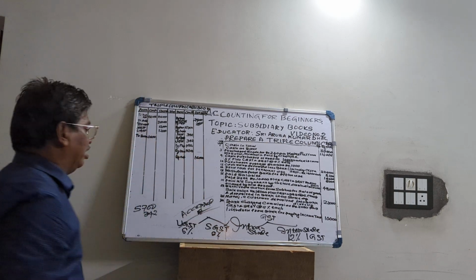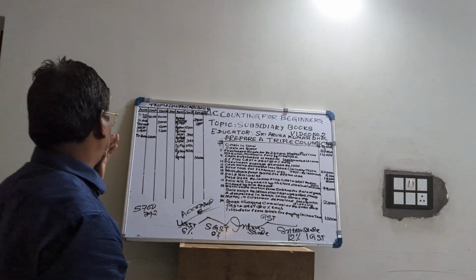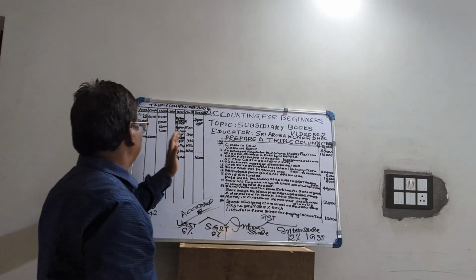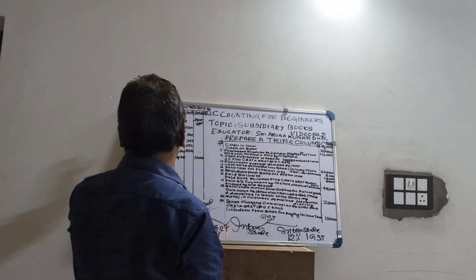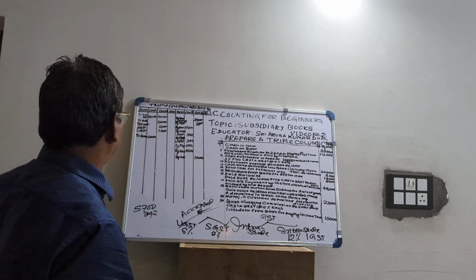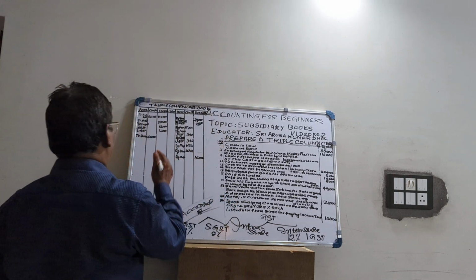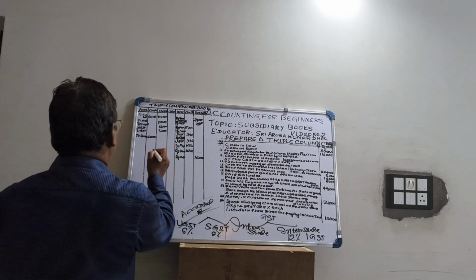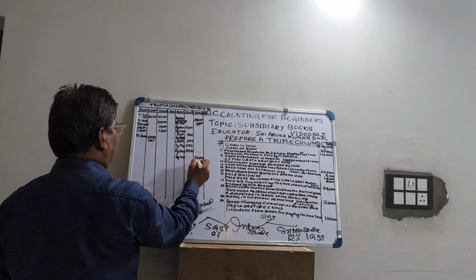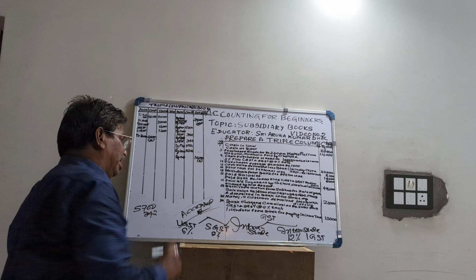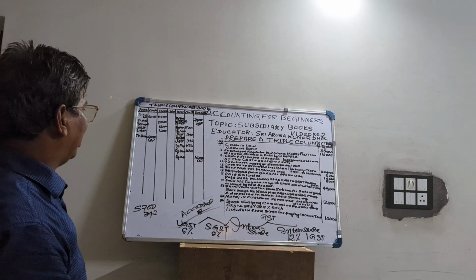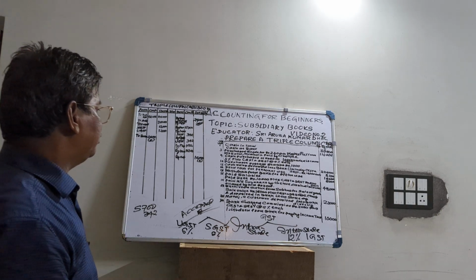So remember, when one transaction affects both cash and bank, the debit side of cash and credit side of bank, or debit side of bank and credit side of cash, it is known as contra entry. In the particulars column, we will write C, that is contra entry. It affects both sides at the same time.